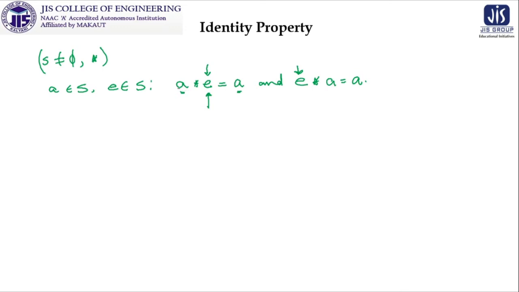We can call this an identity element if and only if it will be true for all A. Clear?